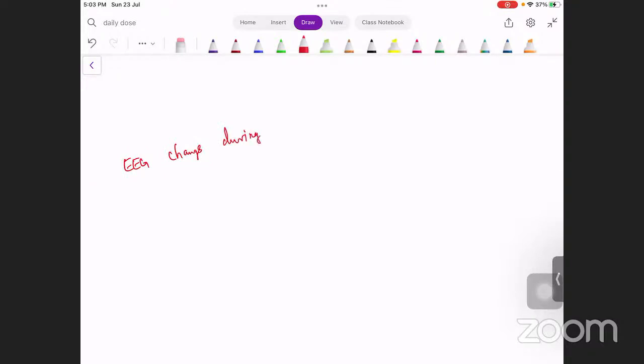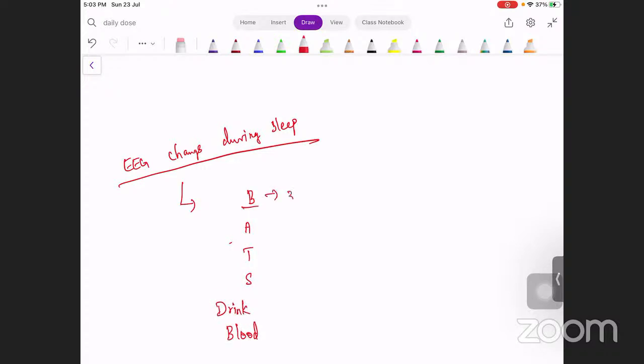I used to follow First Aid for USMLE Step 1, which has a wonderful mnemonic for this: Bats Drink Blood. B stands for beta wave, normal, eyes open. A stands for alpha wave, normal, eyes closed. T stands for theta wave, stage 1 NREM.